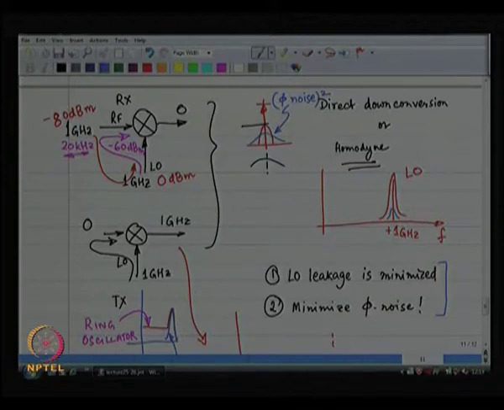And these two problems are one of the main reasons why direct down conversion is discounted as a popular radio architecture. These two negatives are so big that direct down conversion is discarded and in many cases thrown out. They are not options at all.